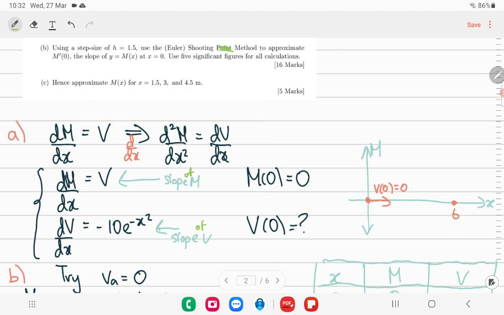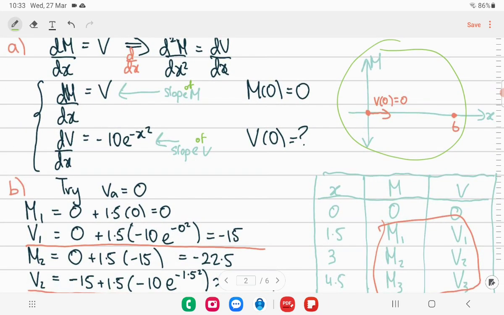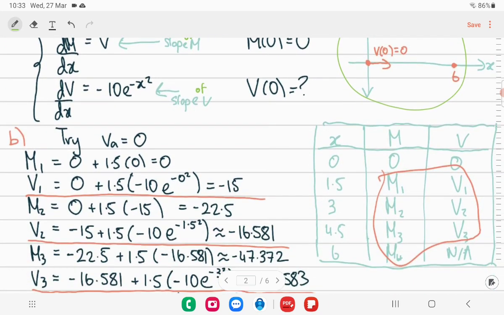Now you're trying to go, the picture on the right here is just saying you're trying to go from at x equals 0, m equals 0, to at x equals 6, m equals 0, and you don't know the initial slope, and the obvious thing is to just shoot straight at it with a slope of 0, but actually you can come up with whatever you want. So that's what we're going to try first. So vA is the first slope that we try, and it's 0.